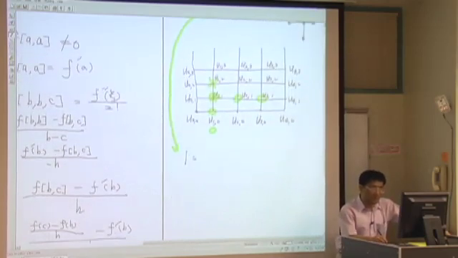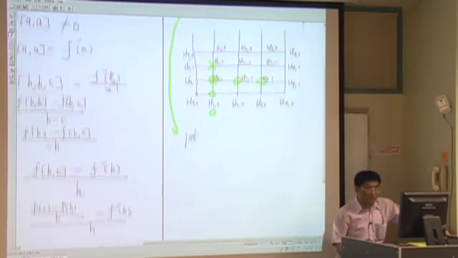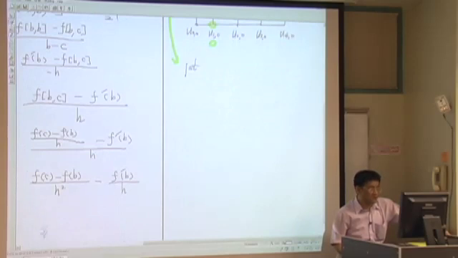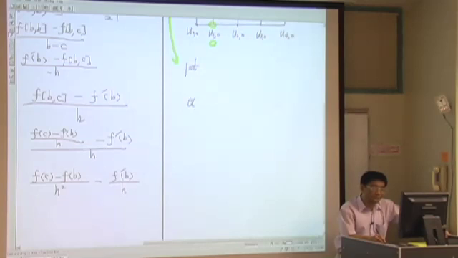The first row should use this kind of expression, and I will use this relation here. Generally, the generic position here could be J, right?